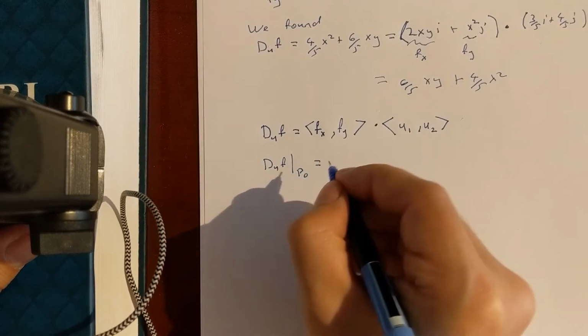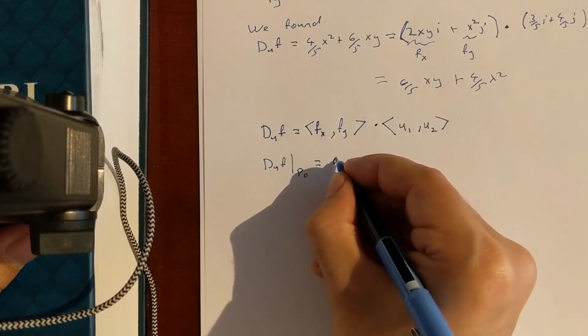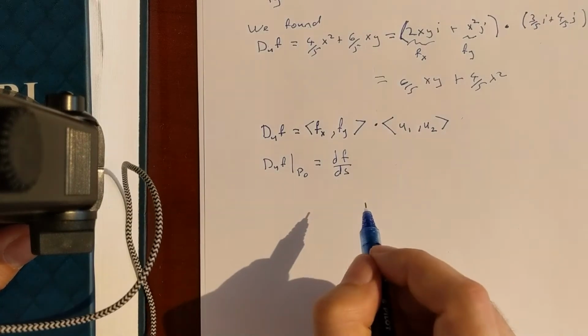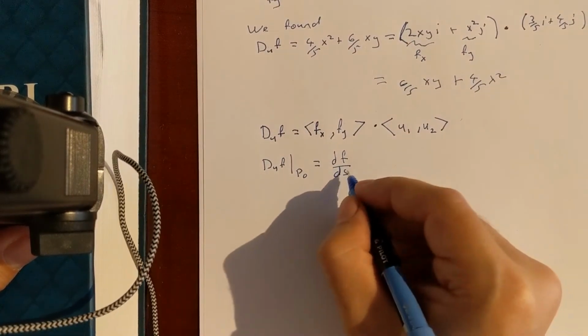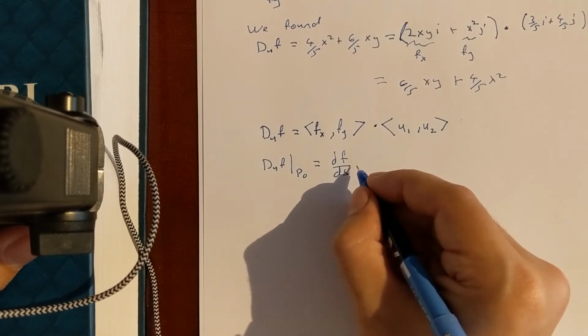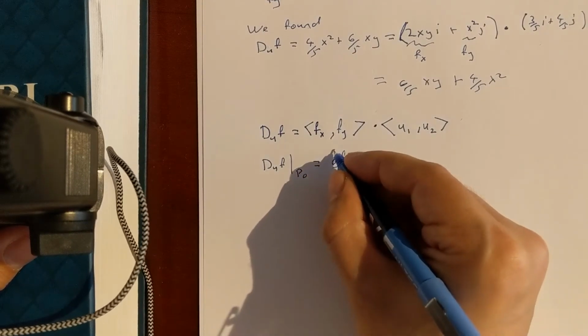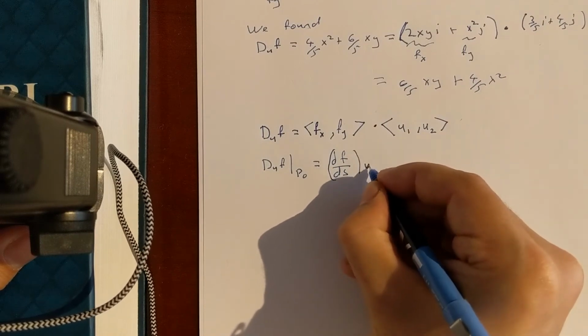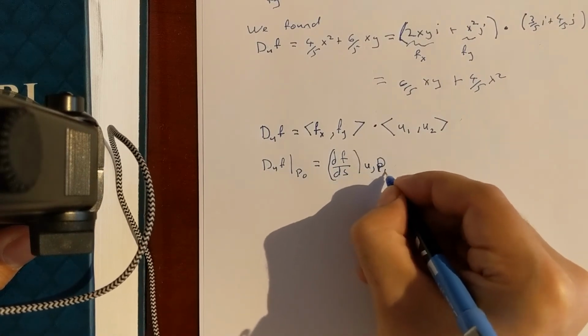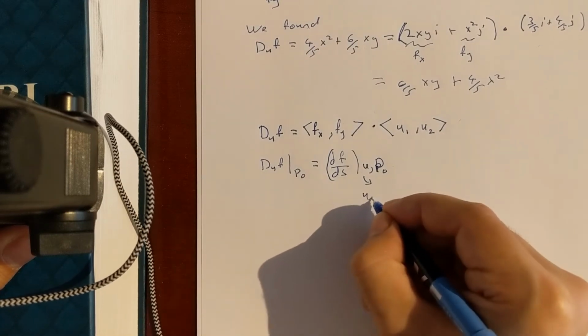Some books like to write it like this: df/ds, where s is the arc length component, of the unit vector u, at P naught. This is a subscript, big P naught. This is the direction unit vector.